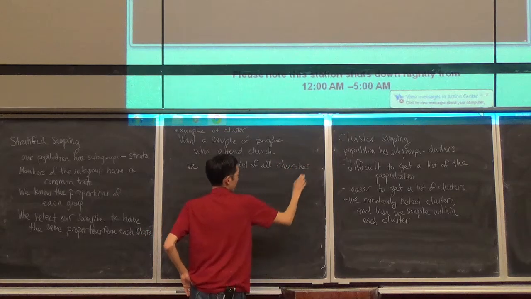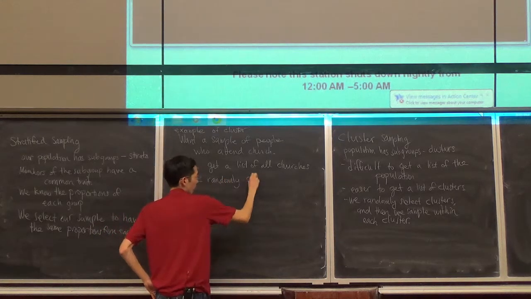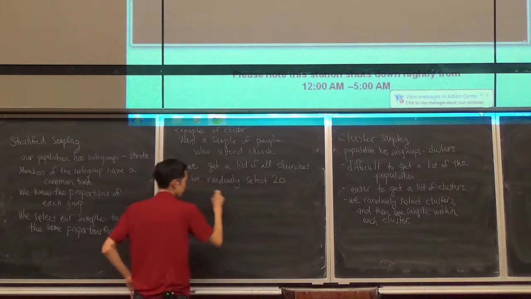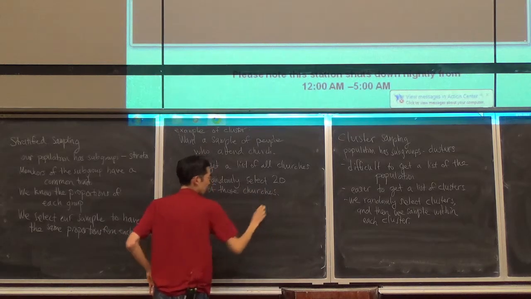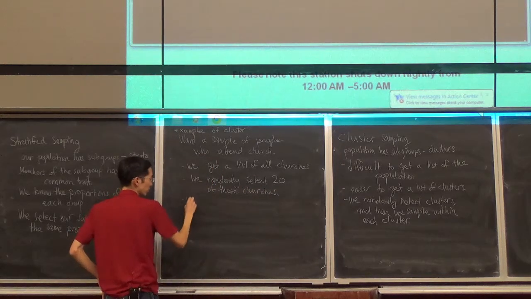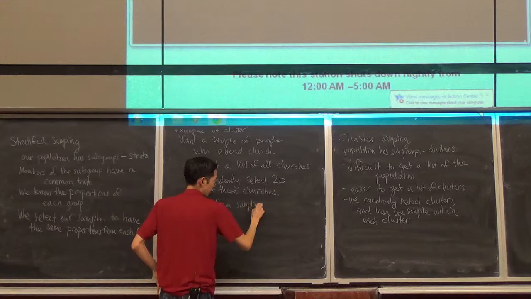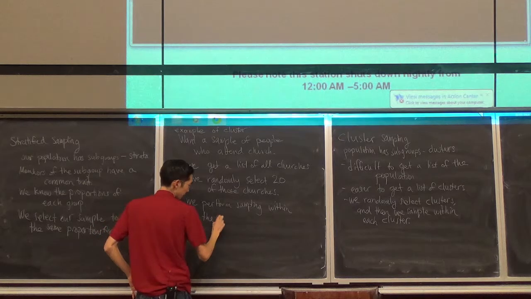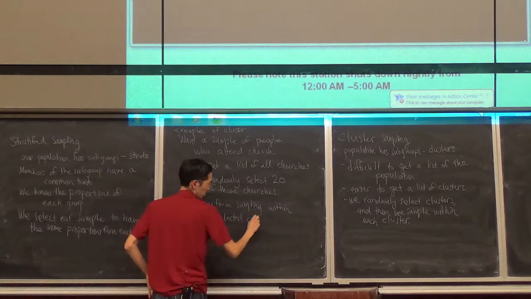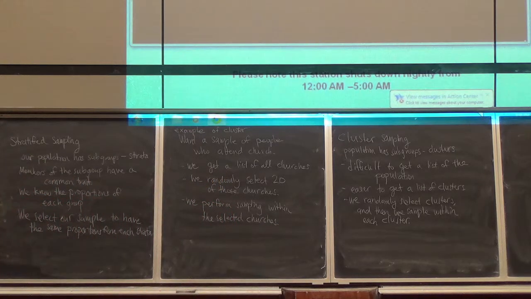We randomly select some of those churches. And then we perform sampling within these selected churches. So that's an example of cluster sampling.